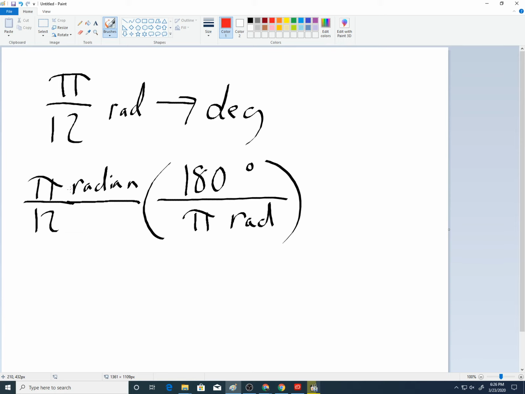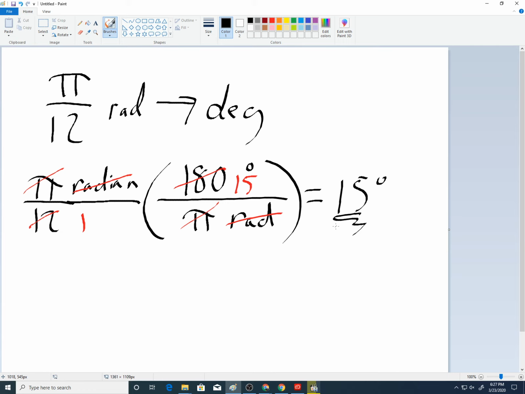We can see here your radians will cancel, your pi's will cancel, and we're going to have 180 divided by 12, which 12 conveniently does go into 180 a whole number of times. What we'll get out of this is that pi over 12 radians is going to equal 15 degrees.